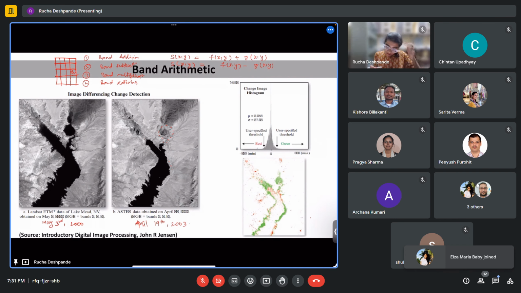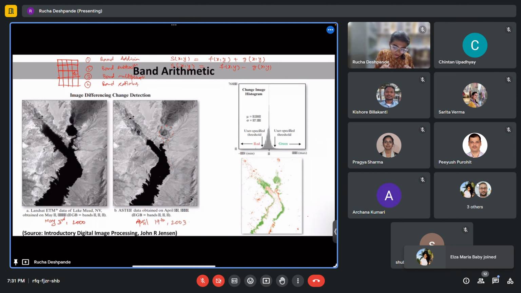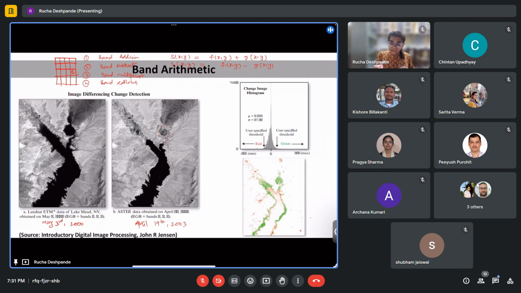After image differencing, we subtract these two images to see how the land cover has changed over time. So this is the difference image of these two areas, and this shows the histogram distribution of this difference image.